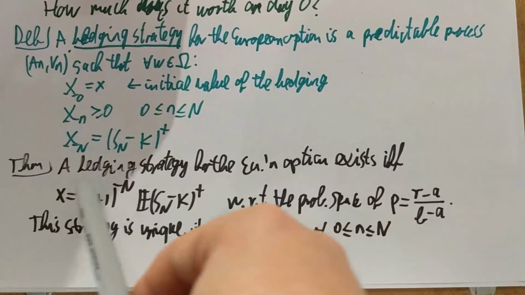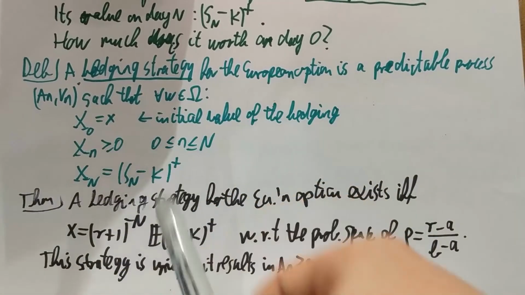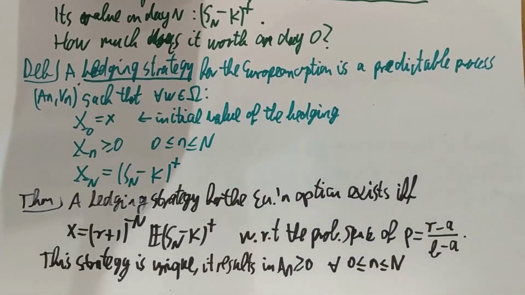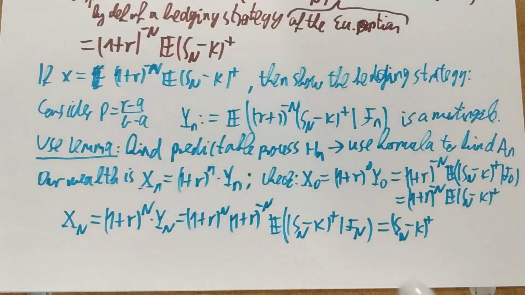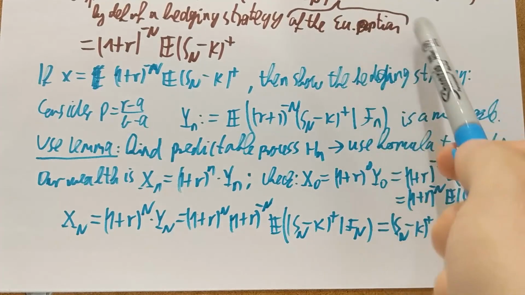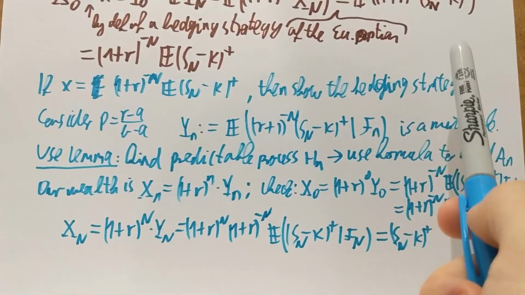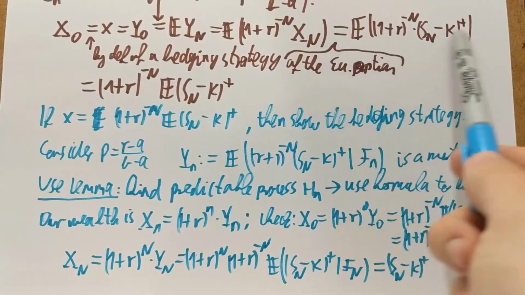So assuming that initial value, we did find a hedging strategy that satisfies all the definitions of the hedging, and it hedges the European option. So that was the second part of the theorem. We proved that if there is a hedging strategy for the European option, then the initial value is this. That was in the first part of the proof.